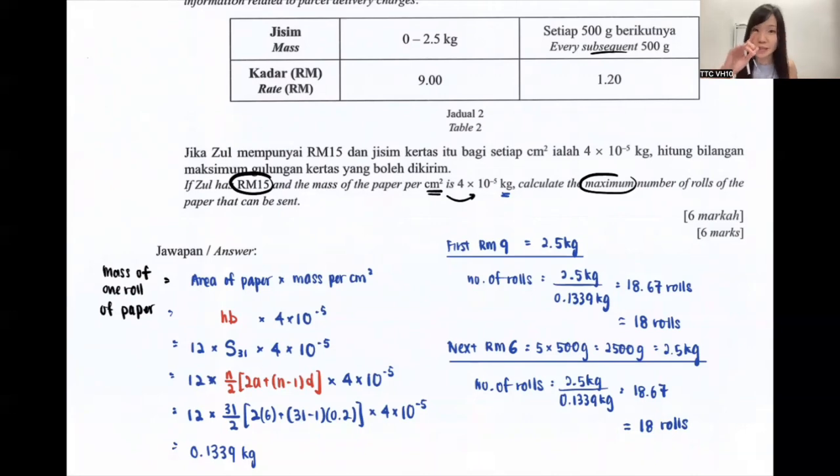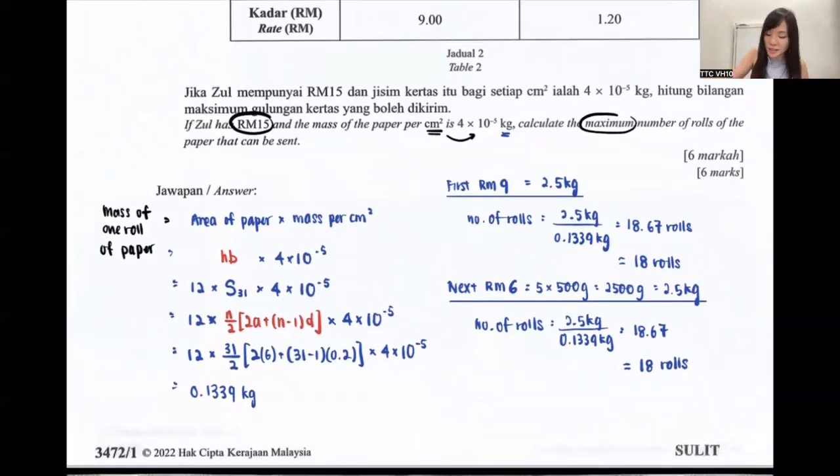So now you need to double check, because just now it was 18.67 each time. This 9 ringgit and this 6 ringgit total already 15 ringgit, so the money is already maximized. Now it's just about the weight.